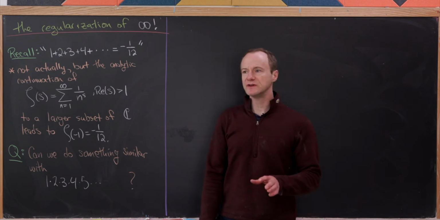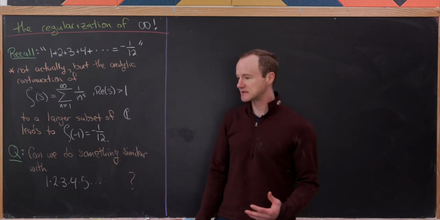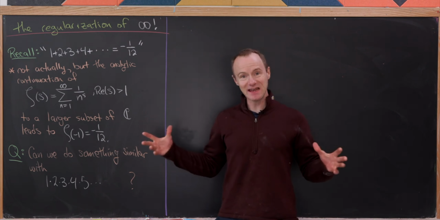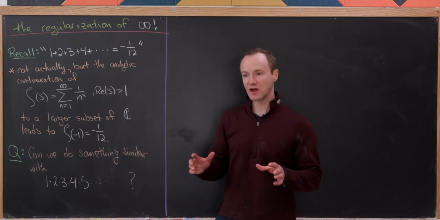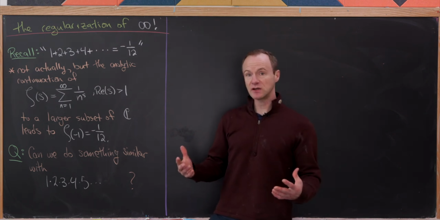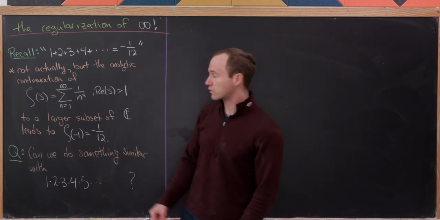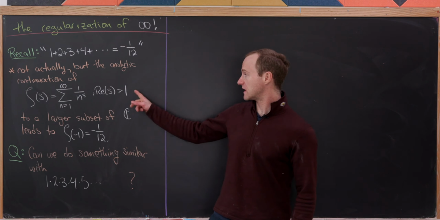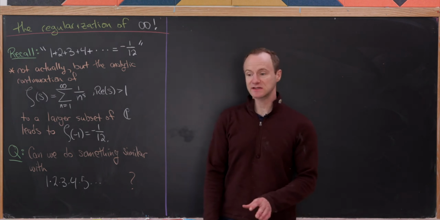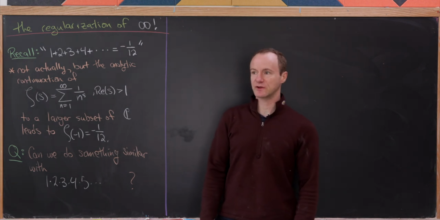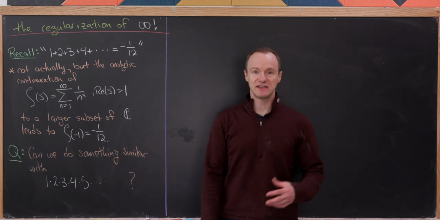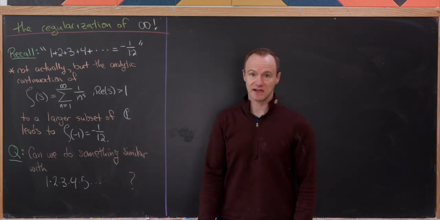But what you do is a technique from complex analysis where you extend that function to a larger subset of the complex plane. And that extension will match the original definition where the original definition makes sense. But of course, it doesn't match the original definition where that original definition diverges or doesn't make sense.